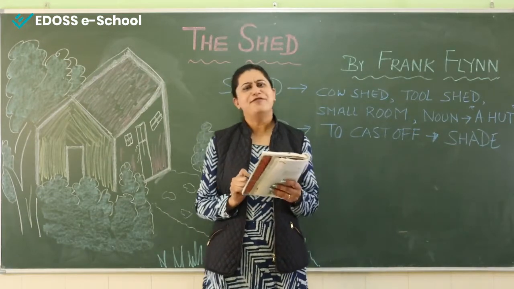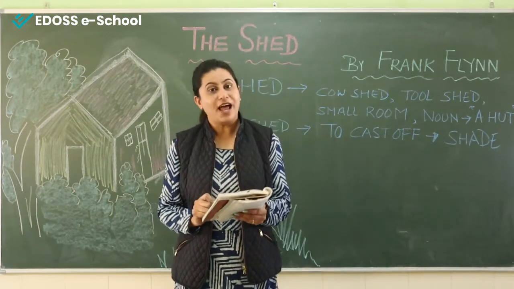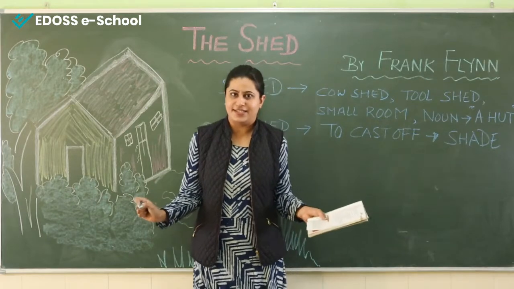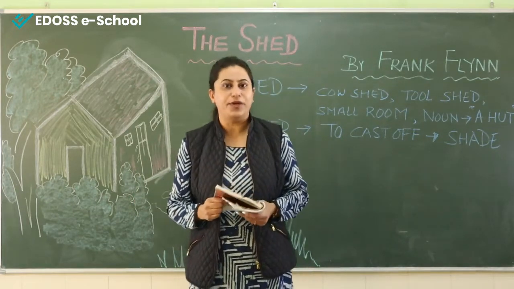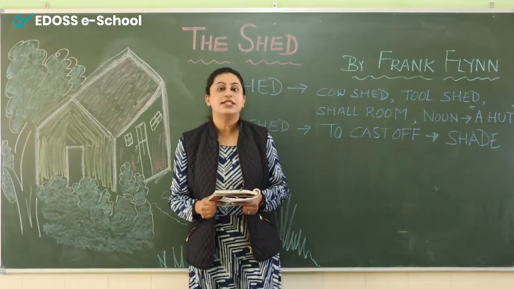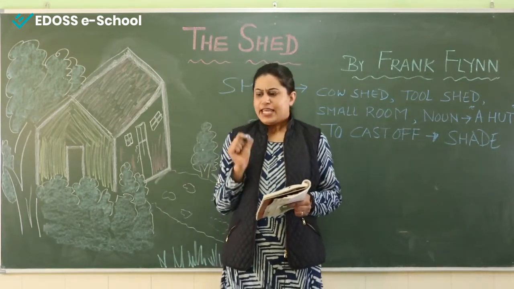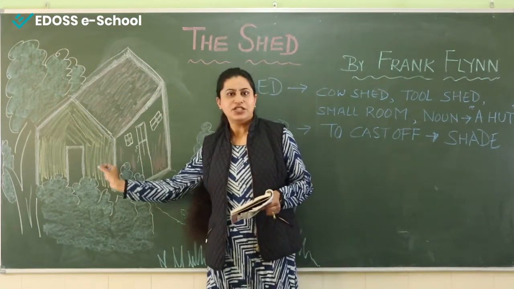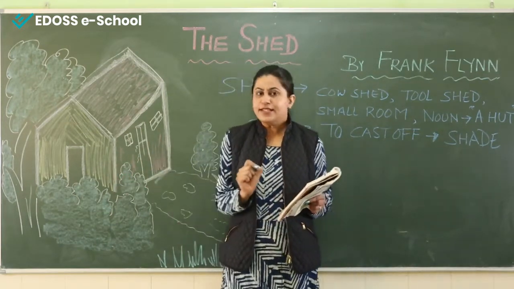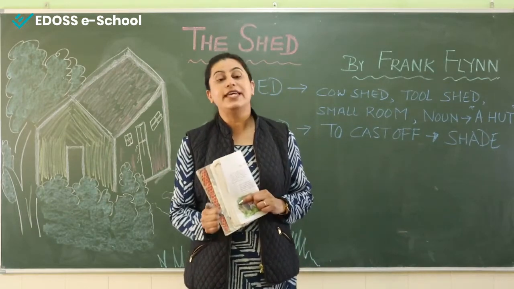And then the very last line, but not just yet. This is the main line in this entire poem, and that is, but not just yet. He is not sure that when he is going to enter this shed. He is still hesitant. Why is he hesitant?